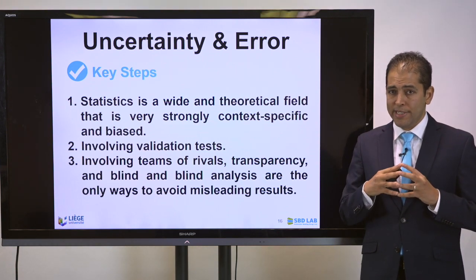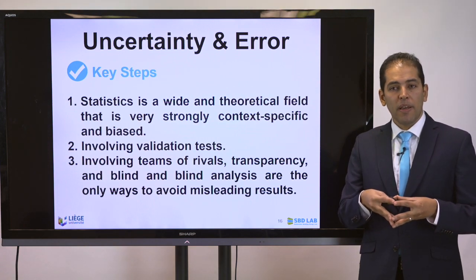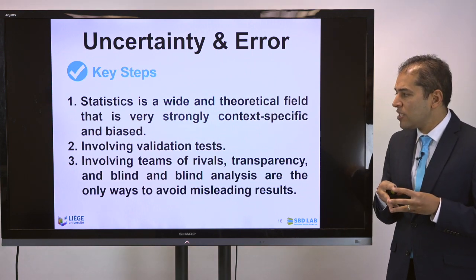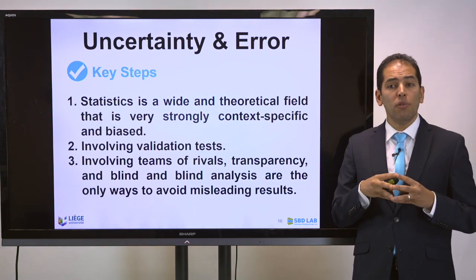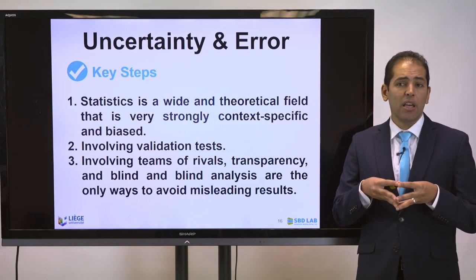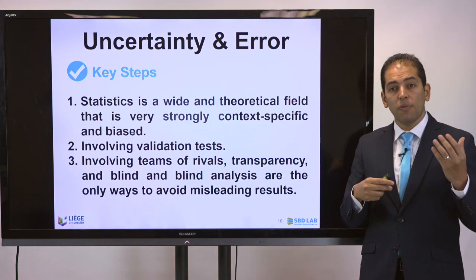We can fool ourselves and conduct certain tests and manipulate the data in order to force it in a certain direction. Therefore, it's very important that we involve validation tests, that we calculate the uncertainty and the error of our statistical analysis, and that we involve teams of rivals.